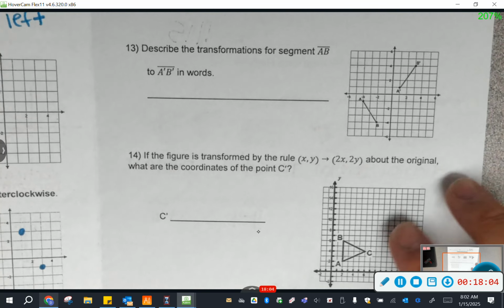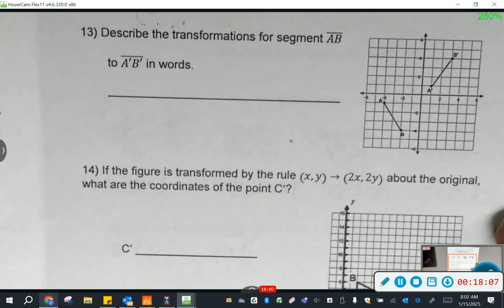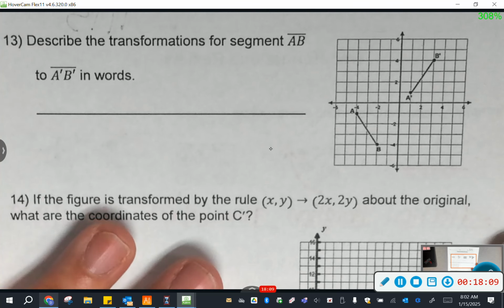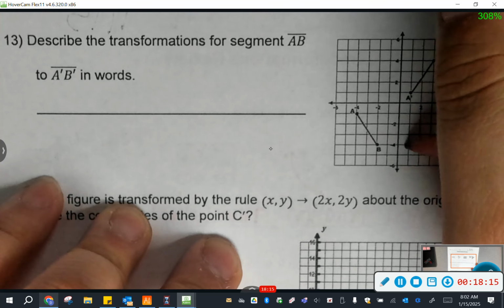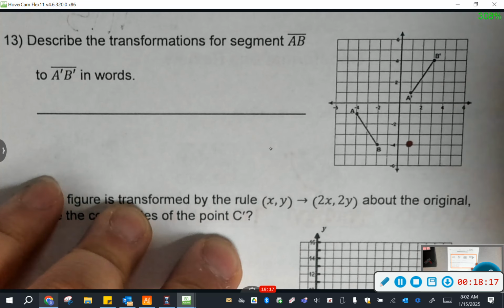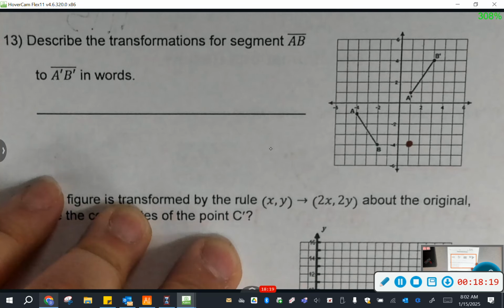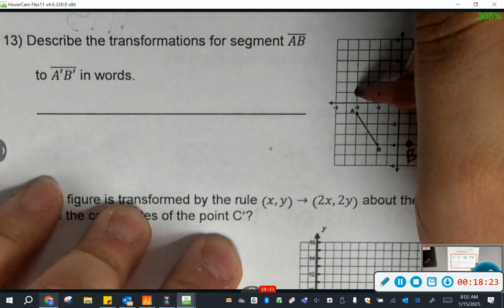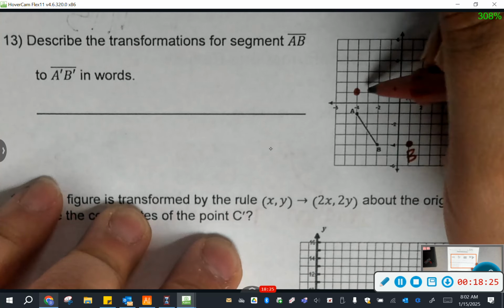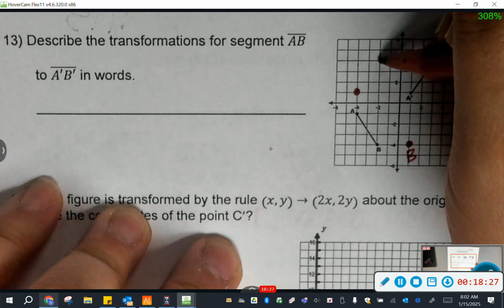For this one right here, describe the transformation. There should be 3 of them. You're going to have 3 of them tomorrow. Oh, that was wrong what I told you, because that gives me B, and I don't want B on the bottom. It's this one right here.